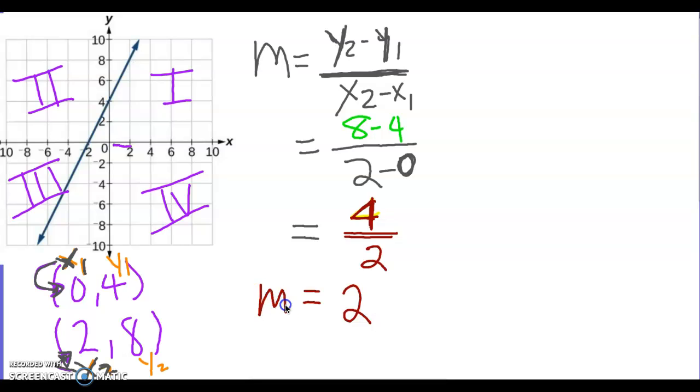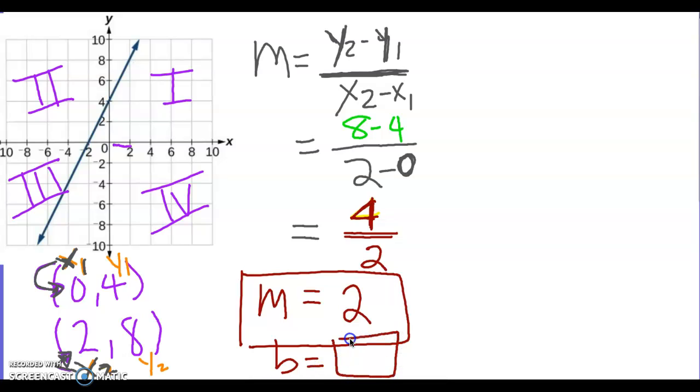So now, I have figured out what my slope is. Remember, I need to know slope, and I need to know what b is. And so far, I don't know what b is. And so I'm going to use information that I already have and that I have come up with to help me figure out what b is.